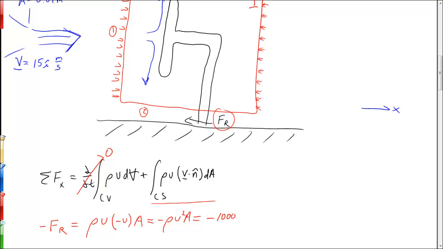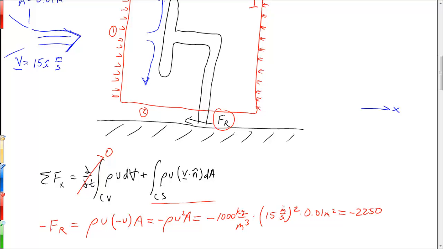And when we plug in numbers, we get minus, the density is 1,000 kilograms per cubic meter, times, what was the velocity again, 15 meters per second, squared, times 0.01 meters squared. And we go through and do all the arithmetic, and we get minus 2250.